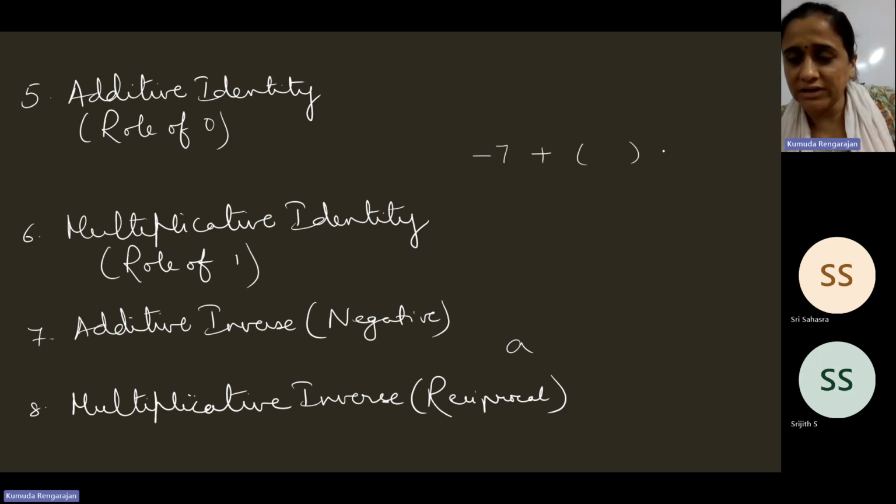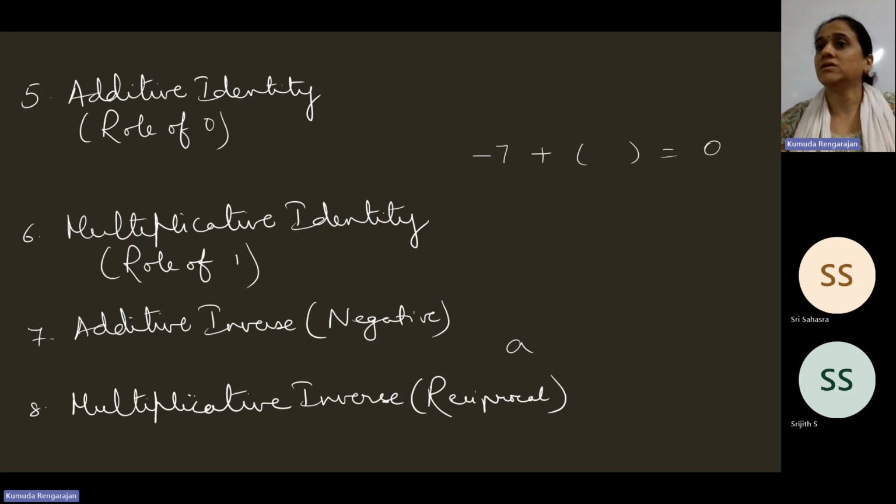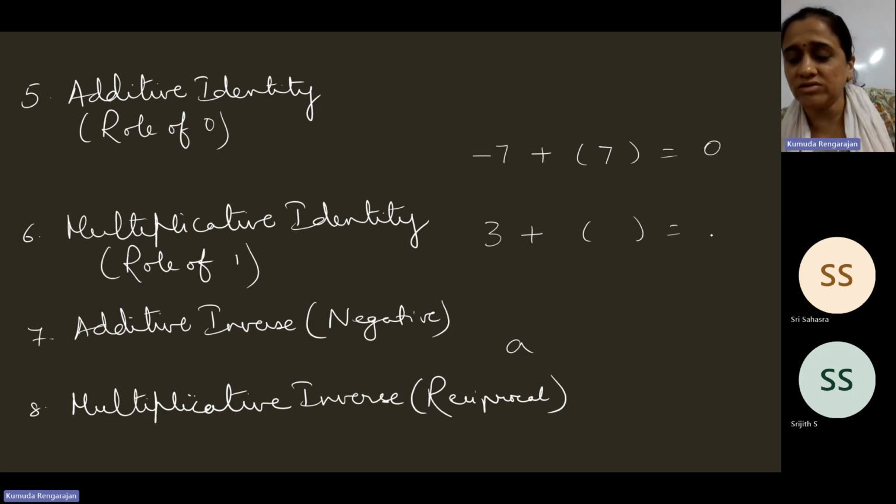And what will give you 0 as a result? Minus 7 plus what will give you 0 as a result? 7. There is no other answer. 3 and what will give you 0 as answer?